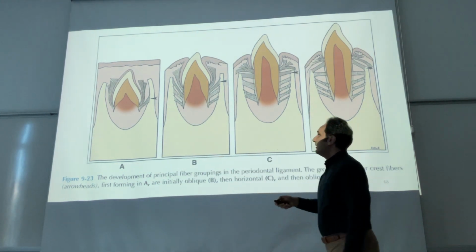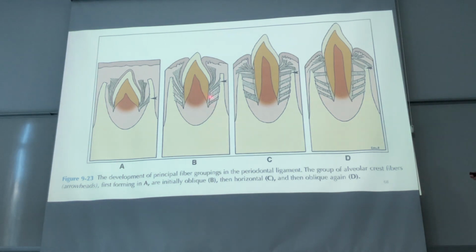Don't forget. With growth of the root and eruption of our teeth, you can see here our oblique fibers form. After these oblique fibers, when our tooth reaches its normal size and normal height, the horizontal fibers form in this part and fix the tooth.